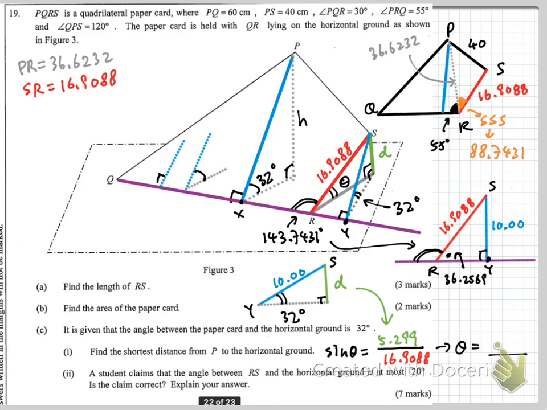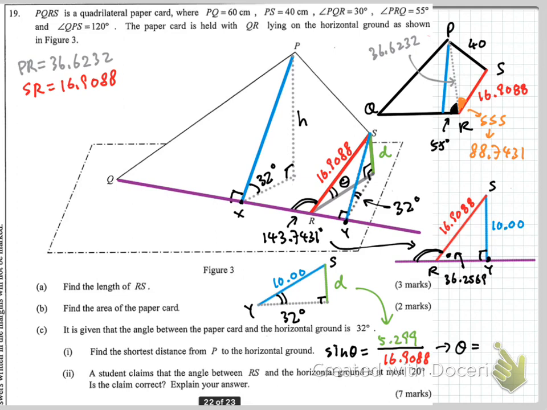So through point S, we draw another blue line, and that's where we recover the 32 degrees. If we can find the length of the SY blue line, we can make use of the 32 degrees to get D. With D and the red line, we can find theta.